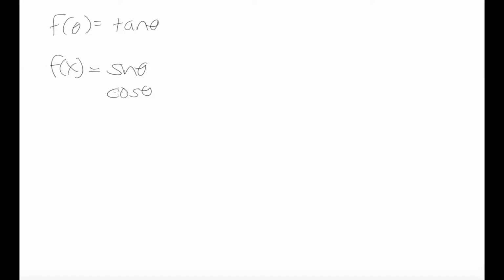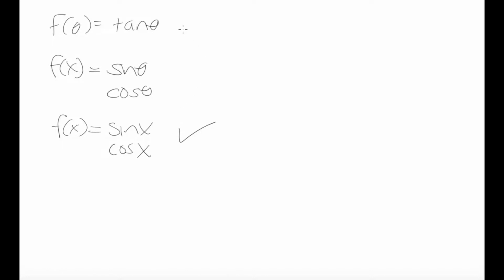And the issue with that is that I'm implying that the function is with respect to x, but I'm putting it with respect to theta instead of x. So this should be written as f of theta is equal to tan theta or sine theta or cos theta. If I'm writing it as f of x, it should be in terms of x. So if I'm writing f of x, it should be sine of x or cosine of x.